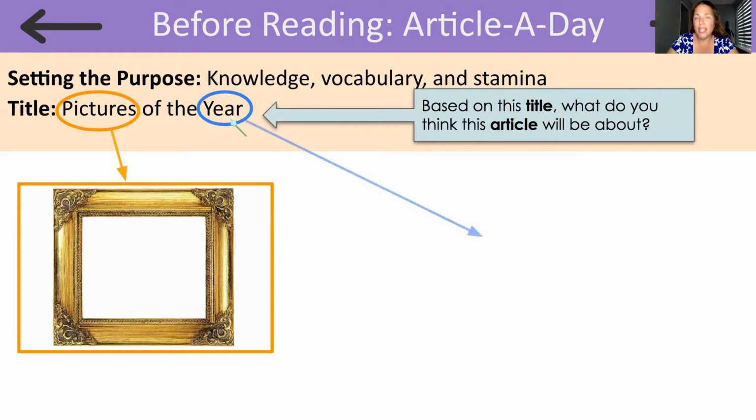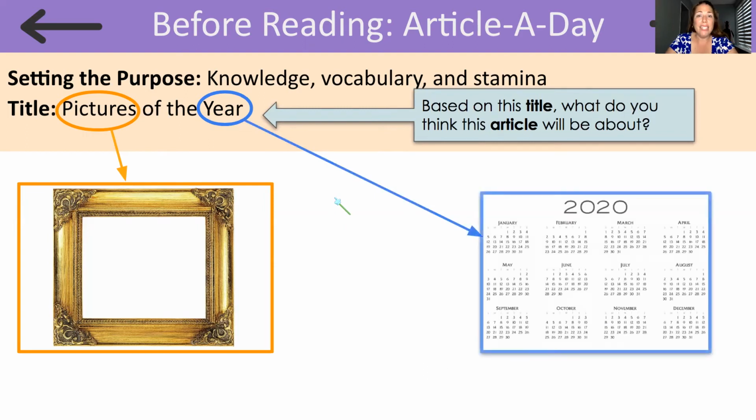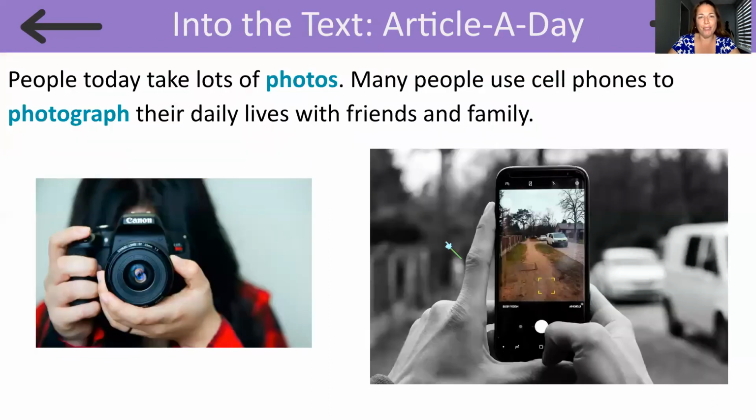And a year has a date, such as 2020. So based on this title, Pictures of the Year, let's think about what the article might be about, thinking about pictures and what we know about the word year. So let's hold on to those predictions as we read this article.